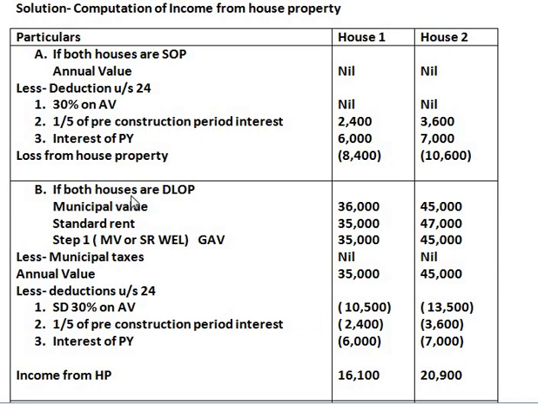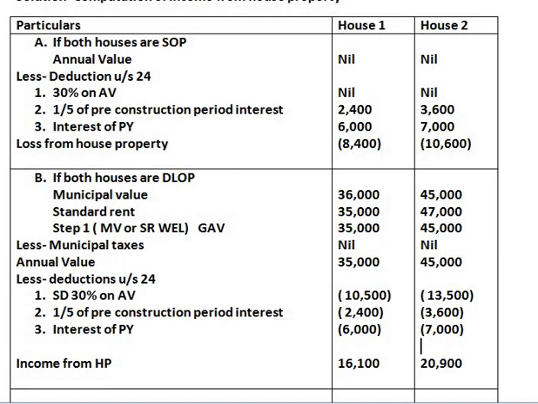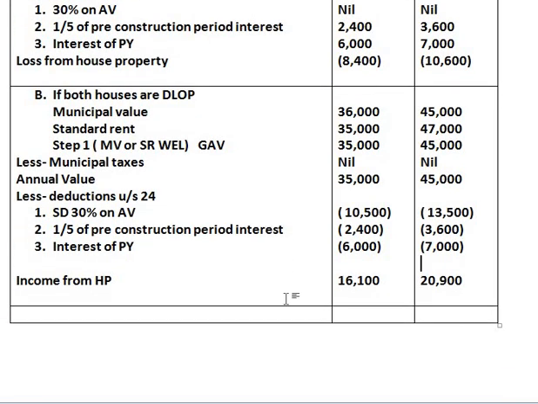And when we assume both houses are deemed to be let out property, we get income from house property 1 of 16,100 and from house property 2 an income of 20,900. Now, when you are giving the conclusion, always think from the assessee's point of view. Whether the assessee should opt for house 1 as self-occupied property or house 2 as self-occupied property.